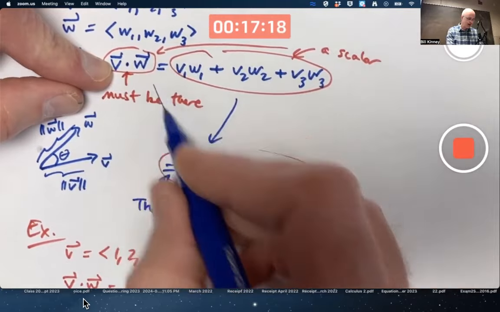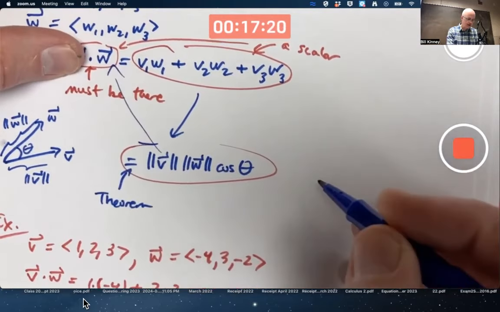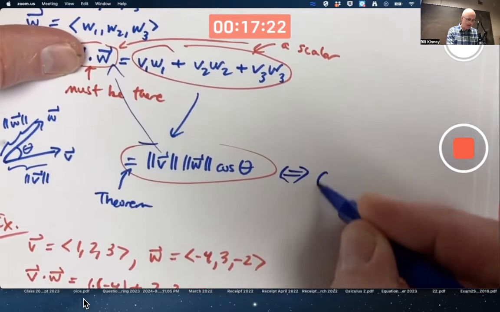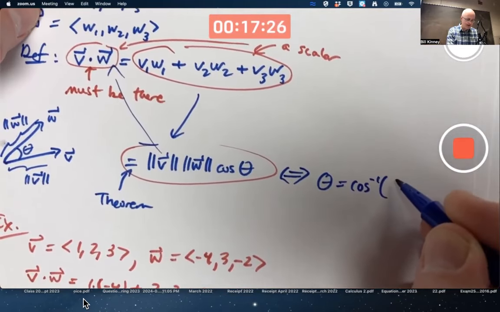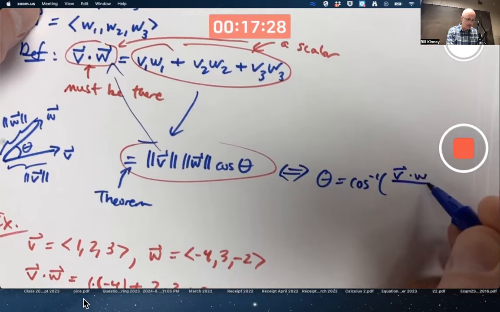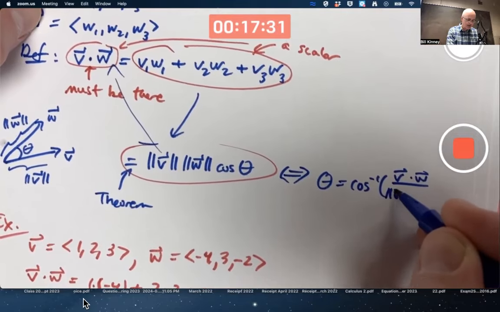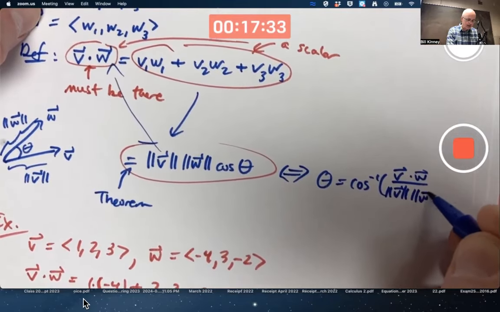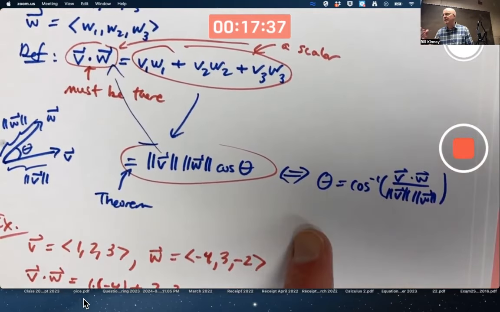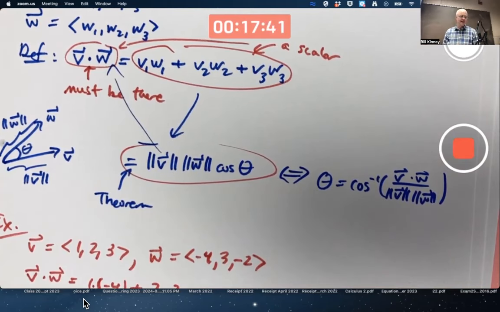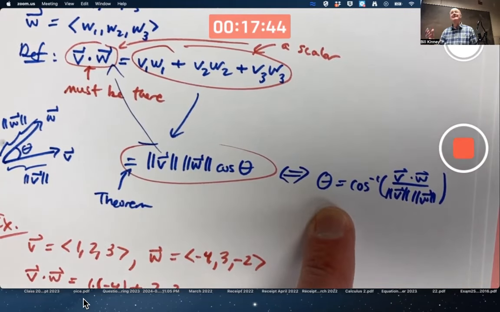If I solve this equality more generally for theta, I could say theta is the inverse cosine of v dot w over the magnitude of v times the magnitude of w. So in 2 and 3 dimensions, this helps us figure out what the angle is. In higher dimensions, that can't be visualized, instead of helping us find the angle, it really defines what the angle is, even though it can't be drawn.